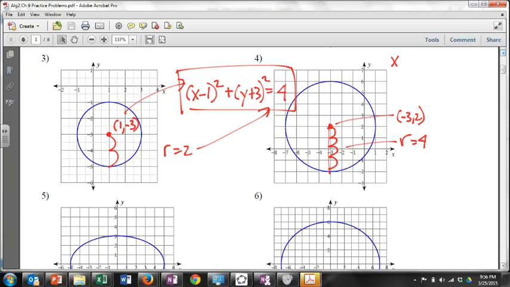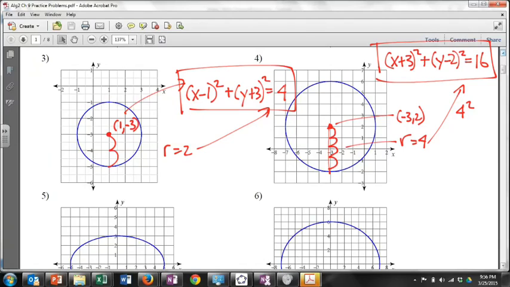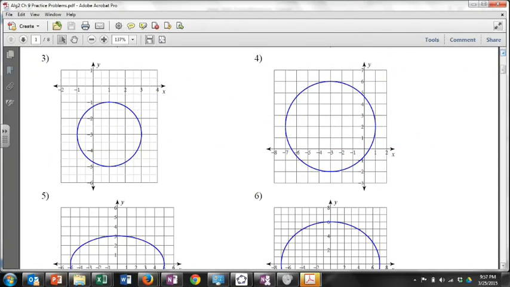So we have x plus 3 quantity squared plus y minus 2 quantity squared is equal to the radius squared. So we take 4 squared, which is equal to 16. That's our answer for this one. Let's go to the next problem.